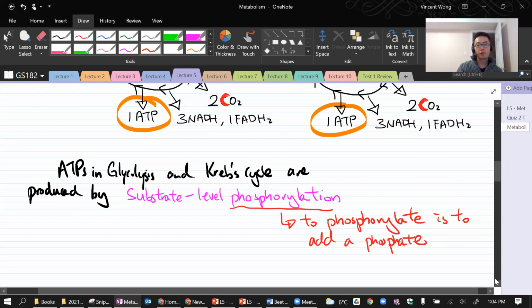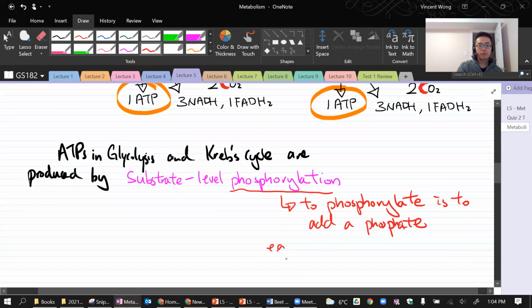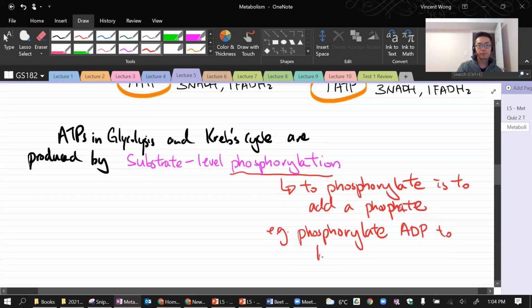So if you, e.g., phosphorylate ADP to become ATP. ADP has 2 phosphates on it, diphosphate.